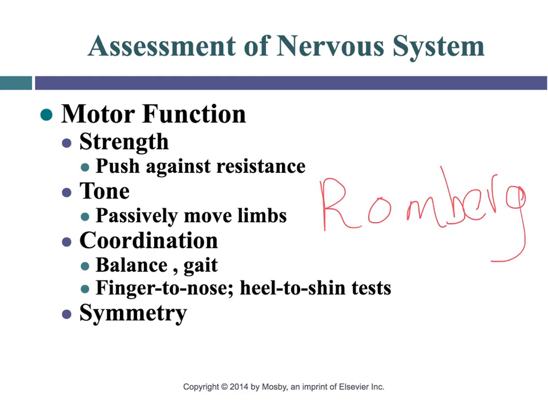What you are assessing for is minimal swaying for 20 seconds. Someone who has maybe a tumor in the cerebellum or cerebellar dysfunction will have a lot of swaying and feel like they're on a tilt-a-whirl kind of thing.